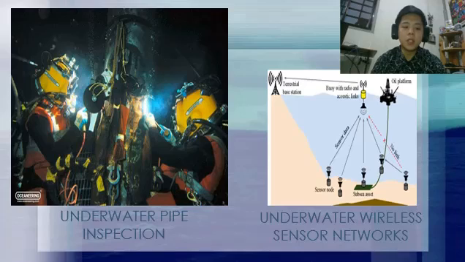In line inspection may also be known as line inspection. And underwater wireless sensor networks are networks used to perform monitoring of tasks over a specific region. It is equipped with smart sensors and vehicles that are adapted to communicate cooperatively through wireless connections.